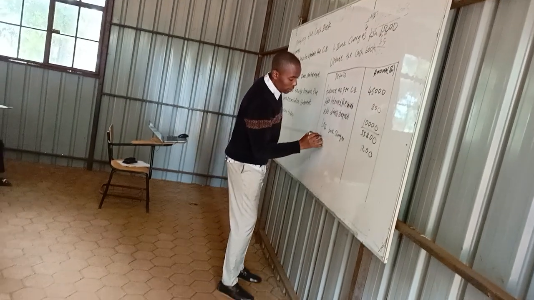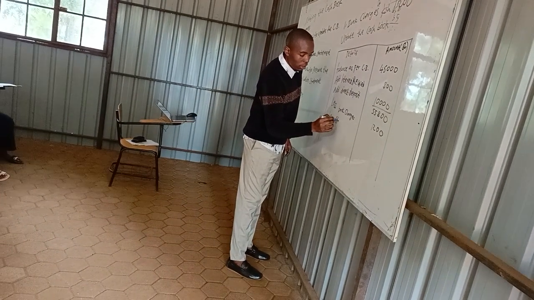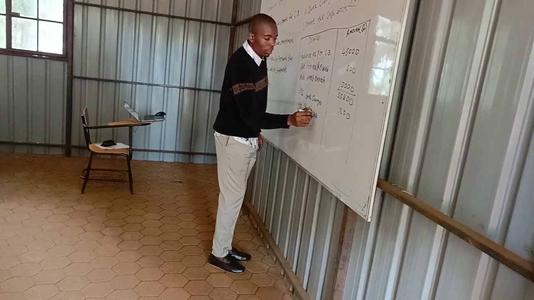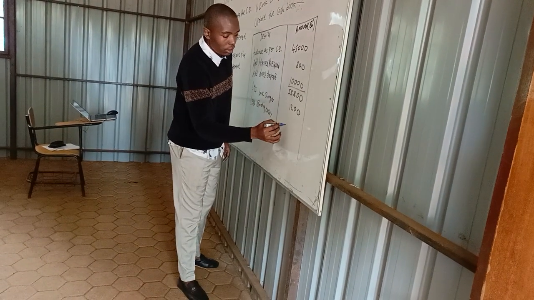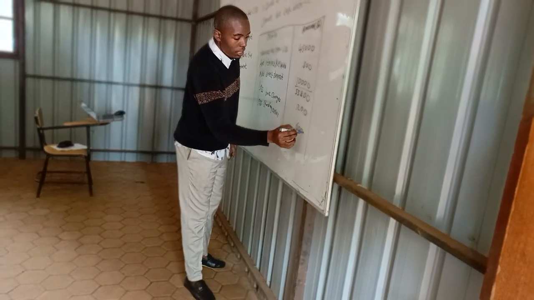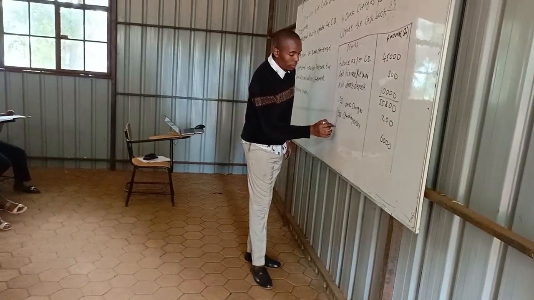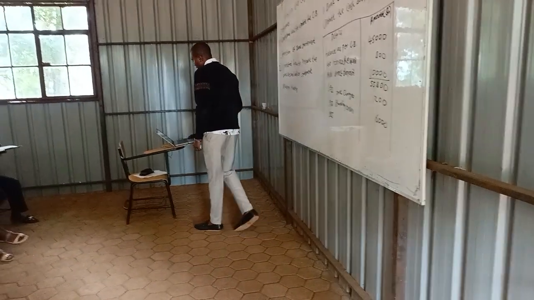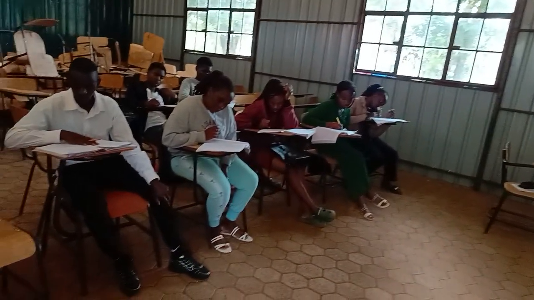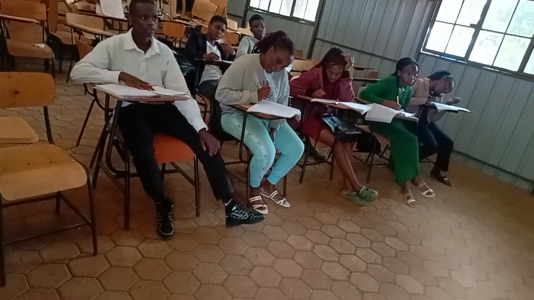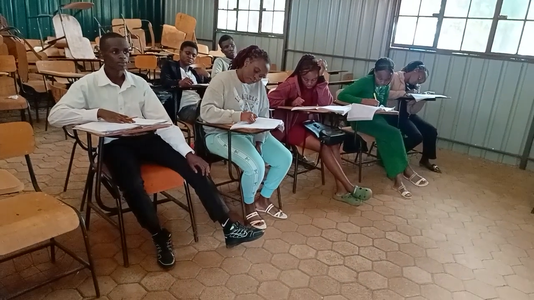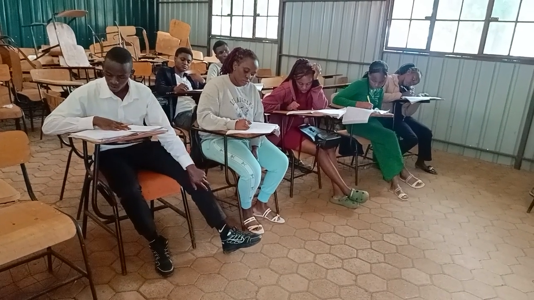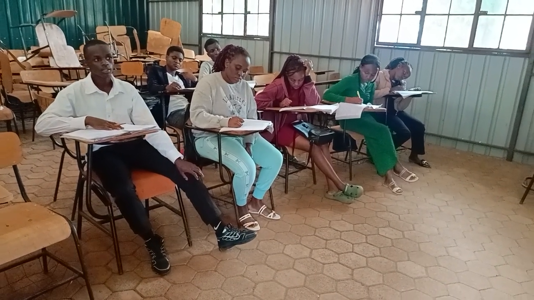We deduct what? The standing order. How much? 6,000. We deduct what else? We had a dishonored check. How much was it? 4,000.